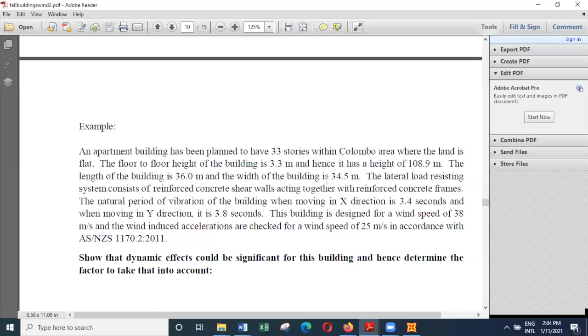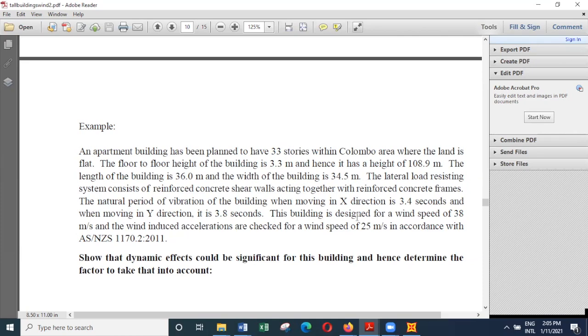The natural period of vibration is also given, and we have been asked to determine the C dynamic value for a wind speed of 38 meters per second, and also to see the acceleration of the building.